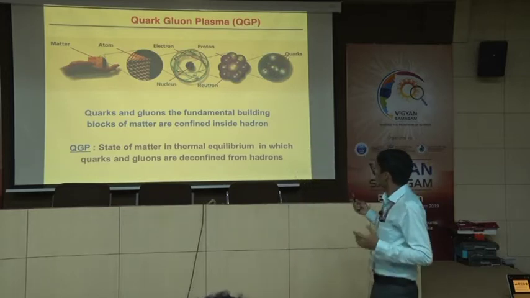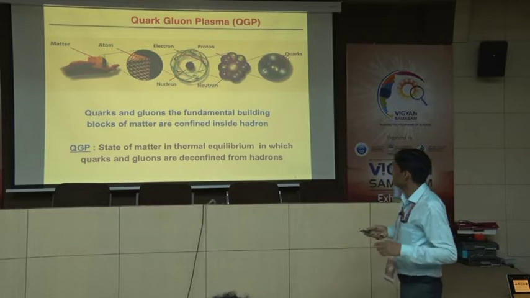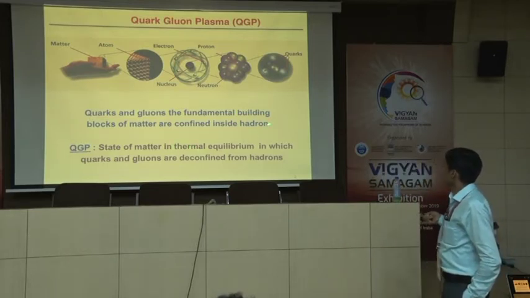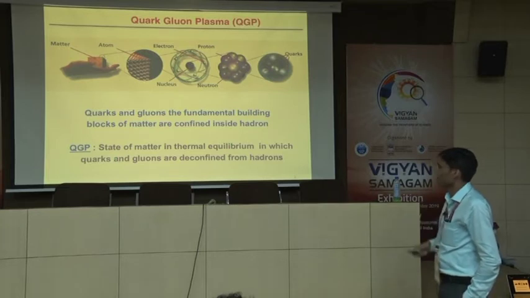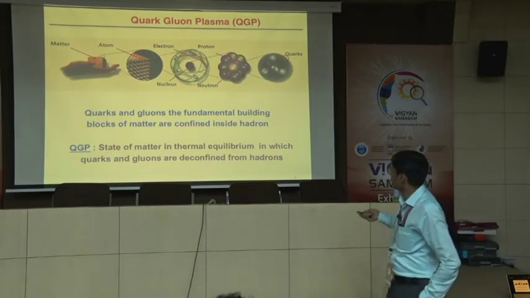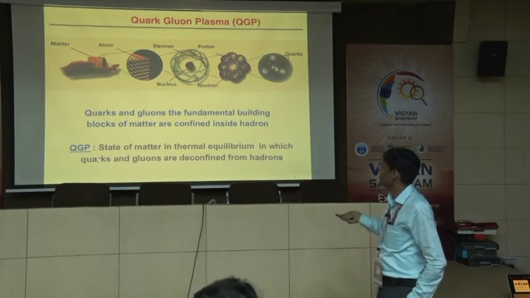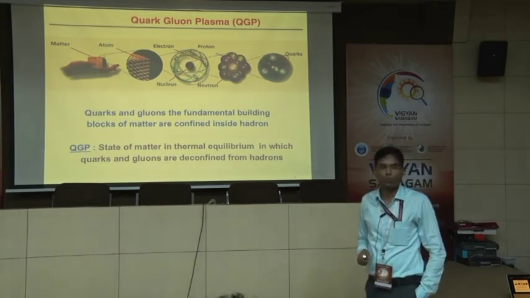So, quarks are confined within the hadrons, but if you can create a state of matter in which quarks and gluons are deconfined from the hadrons, and of course they should be in thermal equilibrium, then that state of matter is known as QGP, quark gluon plasma.